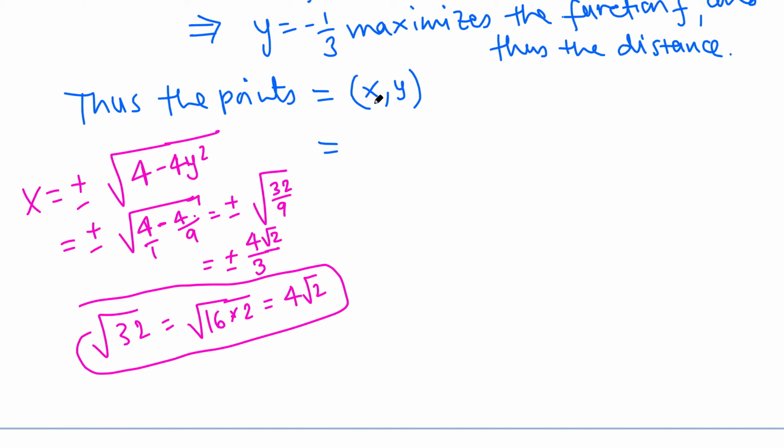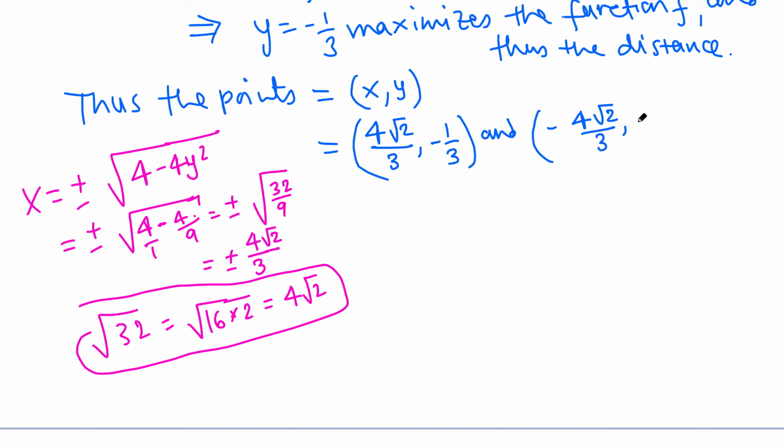So we got 2 points. x is positive 4√2 over 3, and y is -1/3. Y is fixed. Okay, and x is -4√2 over 3, and y is the same, y = -1/3. Okay, these are the points. Okay, I mean, this is it.